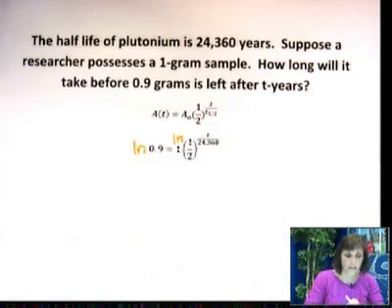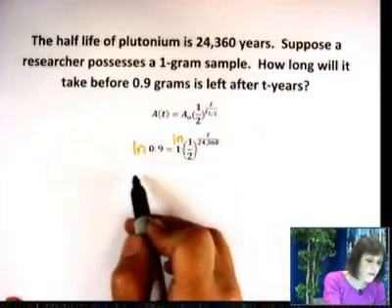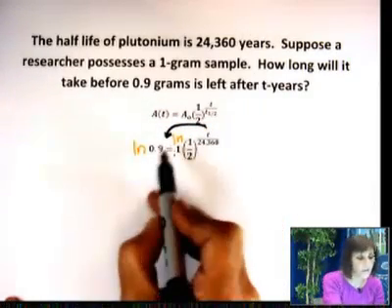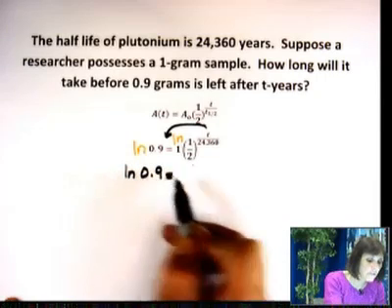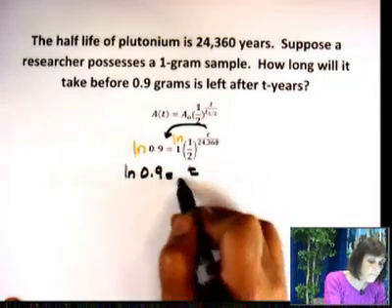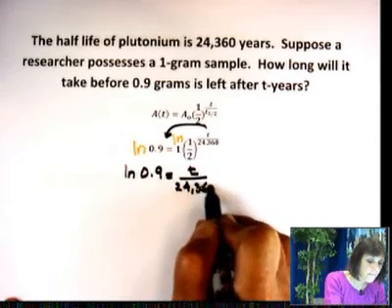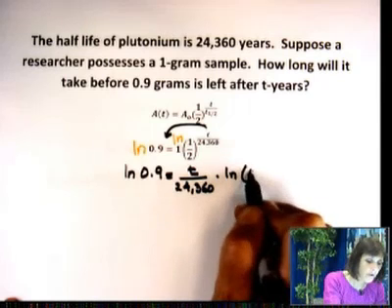All right. So since I have a 1 in here, I don't have to worry about that. So I have, with the ln property, ln of 0.9 equals t over 24,360 times ln of 0.5.